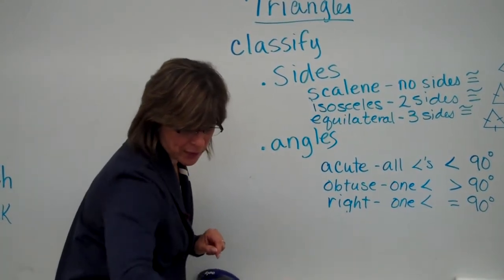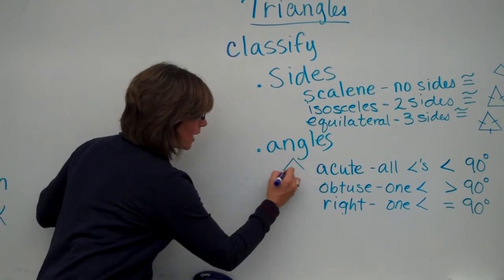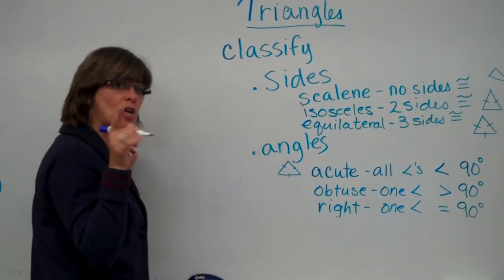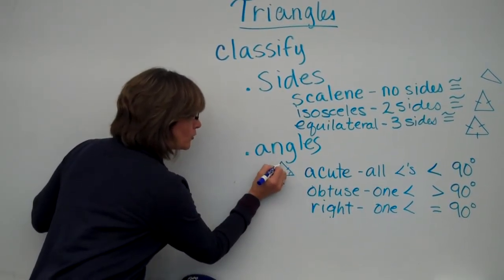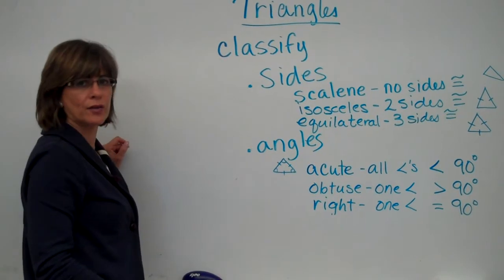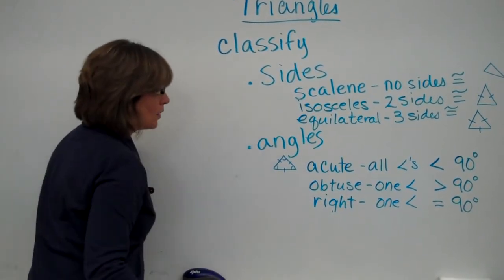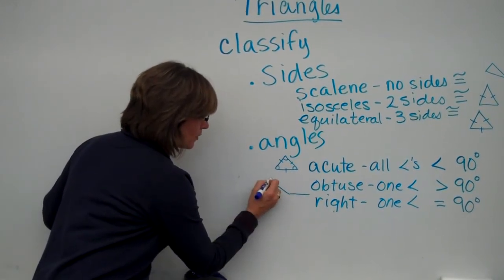Okay, so if I wanted to draw an acute triangle, an equilateral is a great example of an acute triangle. If I want to show that all 3 angles are the same, I do a little curvy mark like that on each angle that shows that they are the same. An obtuse triangle has one angle that's bigger than 90.